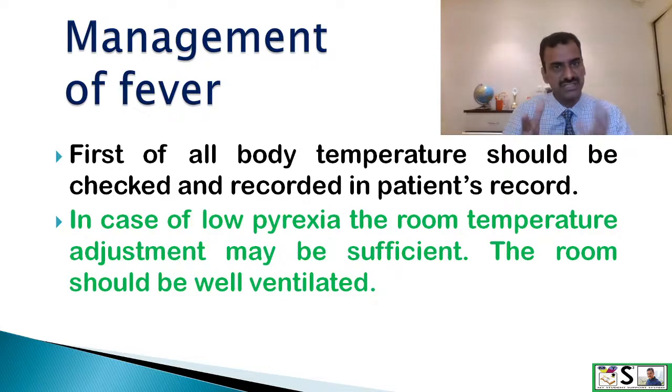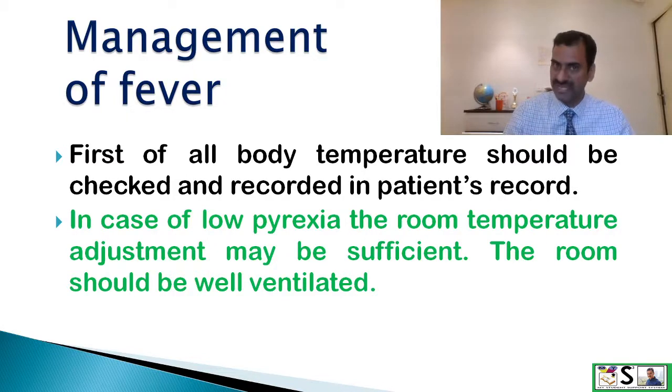Approximately the basic management are same, be it in the hospital or in the community at home. First of all, the body temperature should be checked and recorded in the patient's record. Whenever we find the increased temperature, we should check and record, and then we start further procedures.